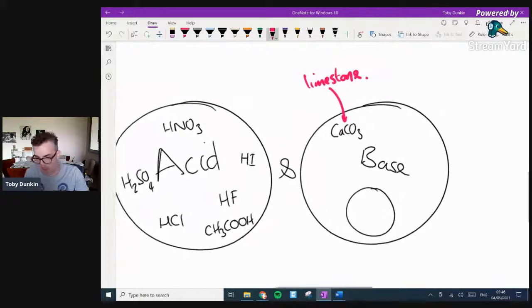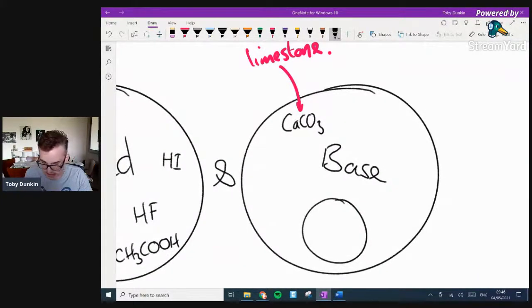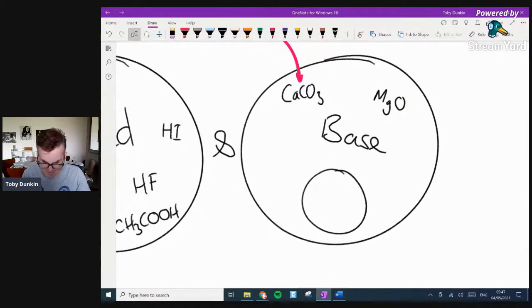There we go. We've got other ones like, I'm trying to pick ones which are completely insoluble. It's not actually particularly easy. Basically, any group 2 carbonate isn't soluble. Calcium carbonate. Magnesium oxide isn't soluble. It is, but at tiny, like next to 0.